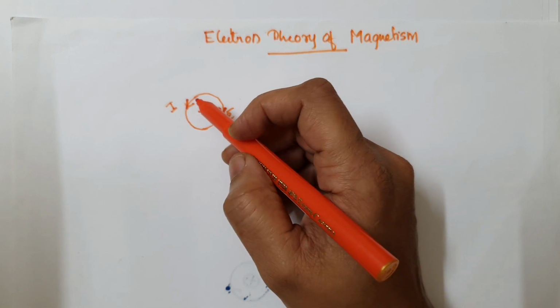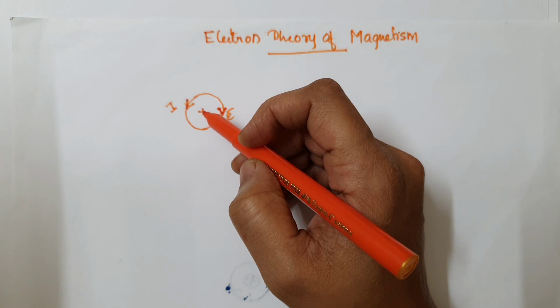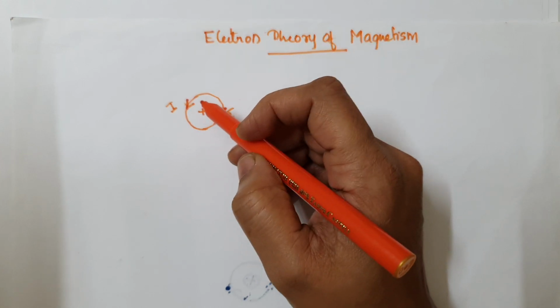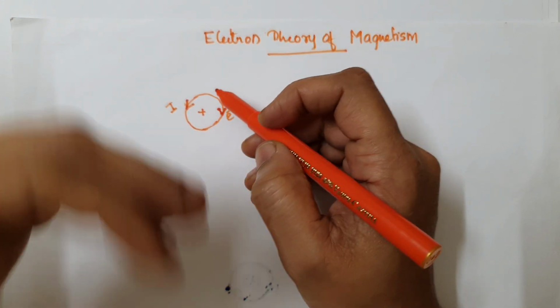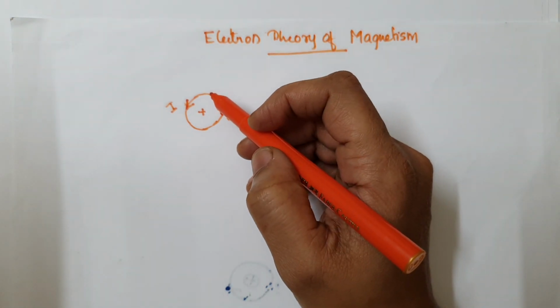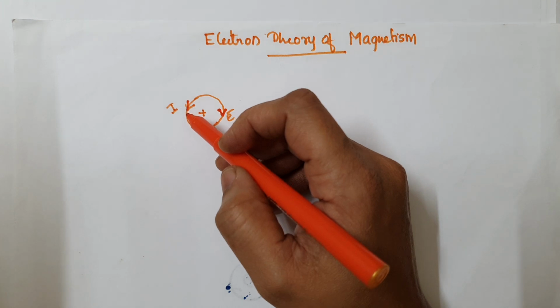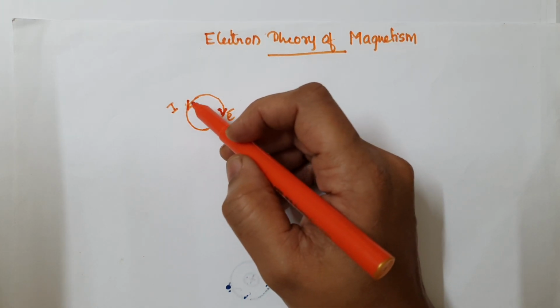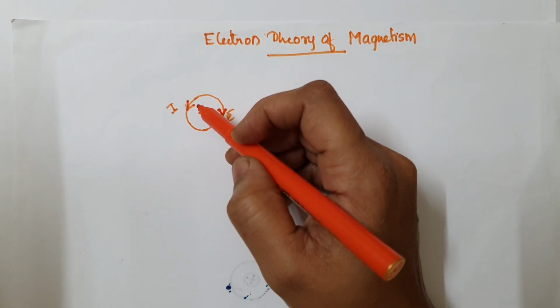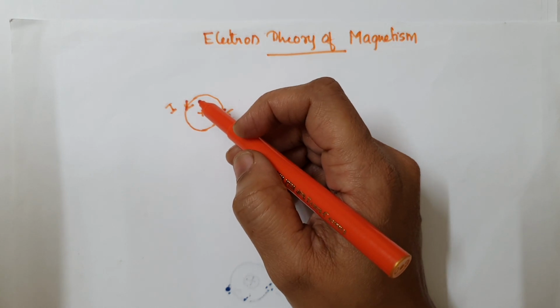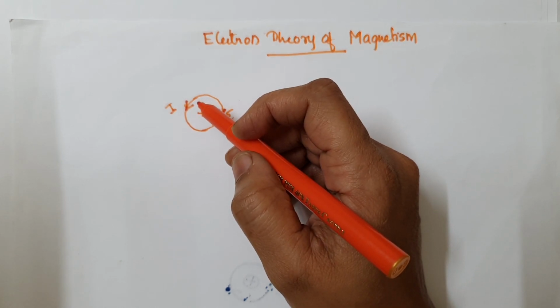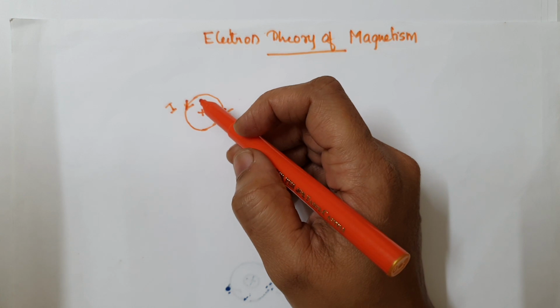This current loop acts as a magnet with this face as the north pole and the back side of this face as the south pole.